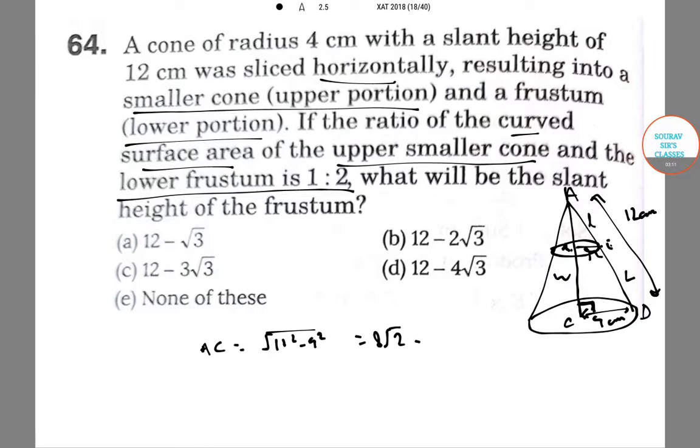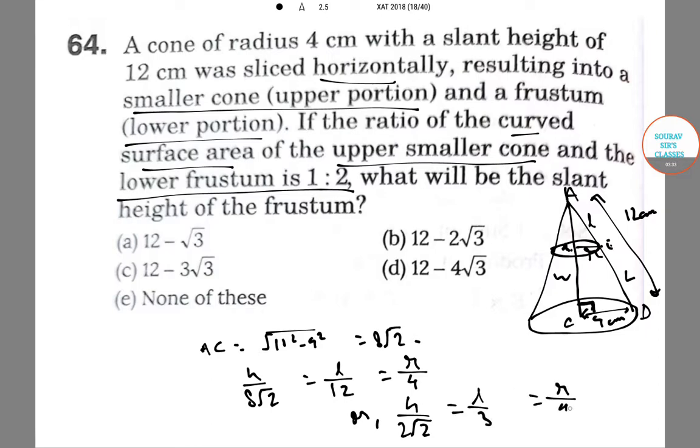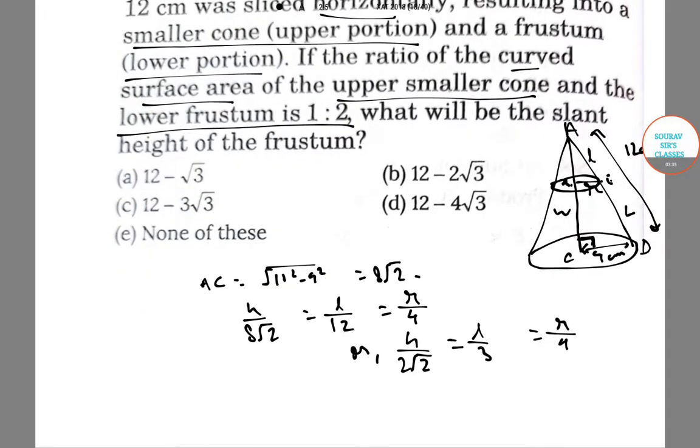So h by 8 root 2 is equal to L by 12, that is equal to R by 4, or h by 2 root 2 is equal to L by 3 is equal to R by 4. But rather this is R by 1, since we are dividing it throughout by 4.